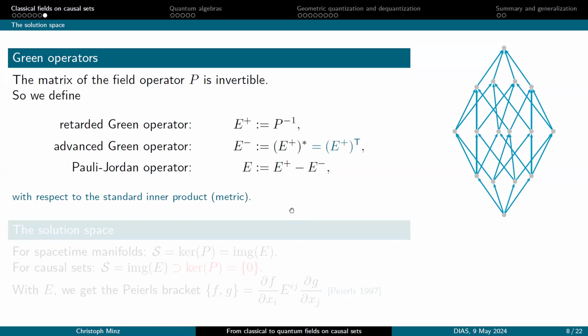You can actually show that the operator in this matrix form is invertible, and you can define a retarded operator like that. And this is because the P we have also defined as a retarded operator only looking into the past. So this is the retarded Green's operator, and then with this we can define our Pauli-Jordan operator as the essential input. So these are left inverses and probably right inverses.